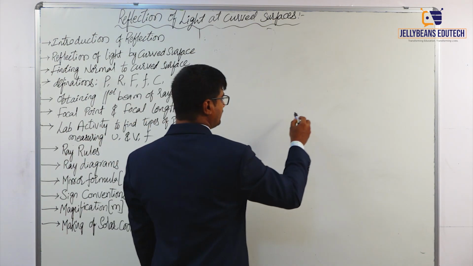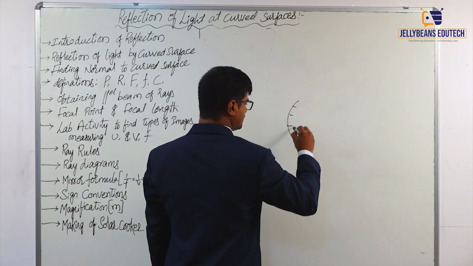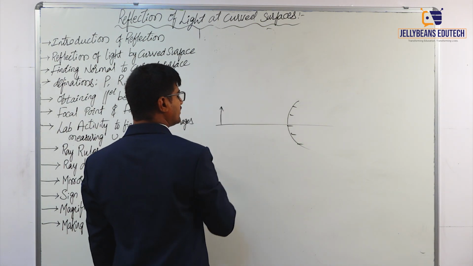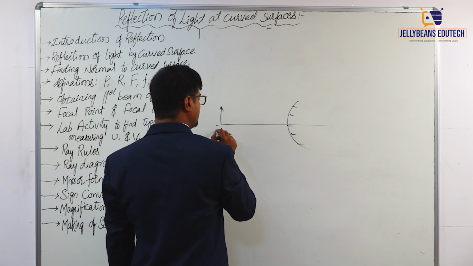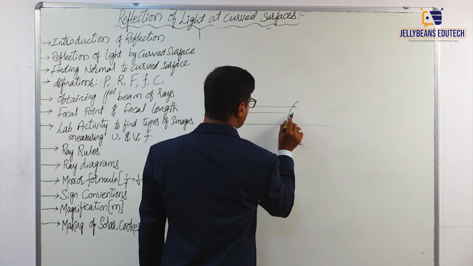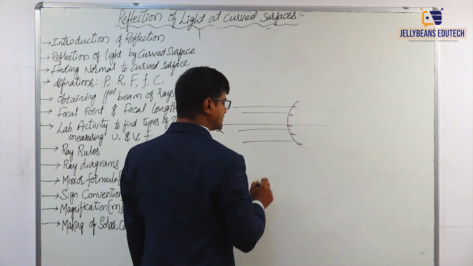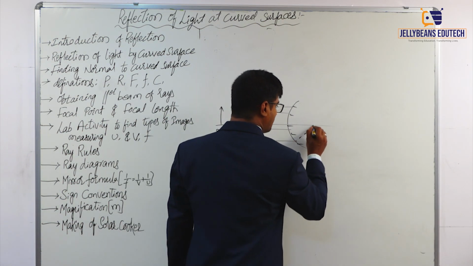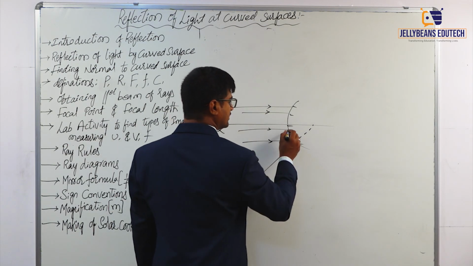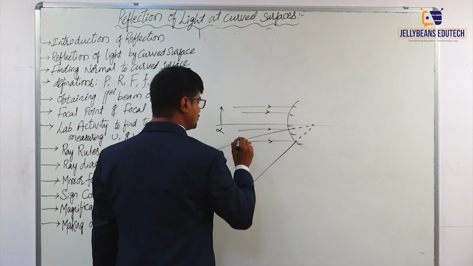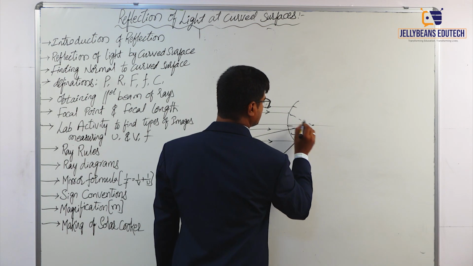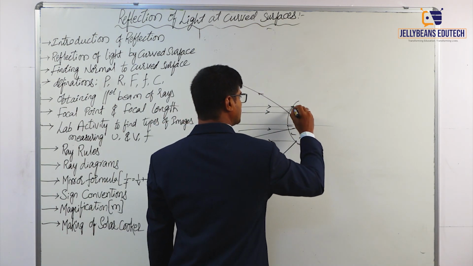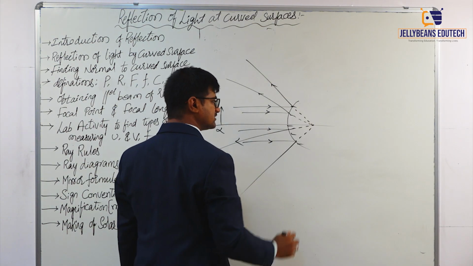Those are at infinity. When the object is at infinity, the light rays are parallel to the principal axis, and after reflection they appear to be passing through the focal point like this.